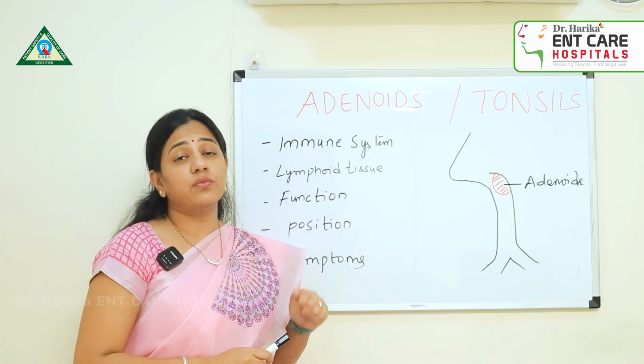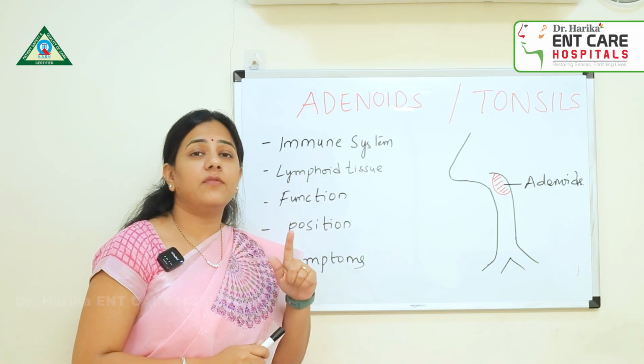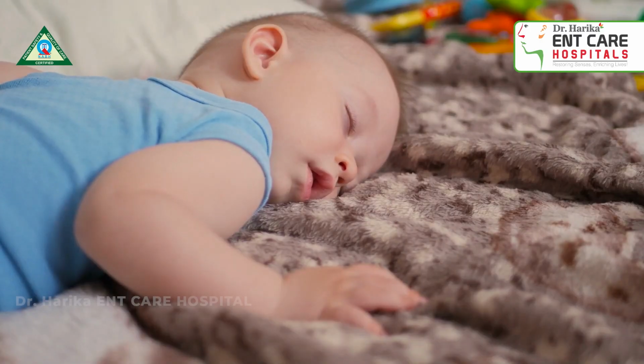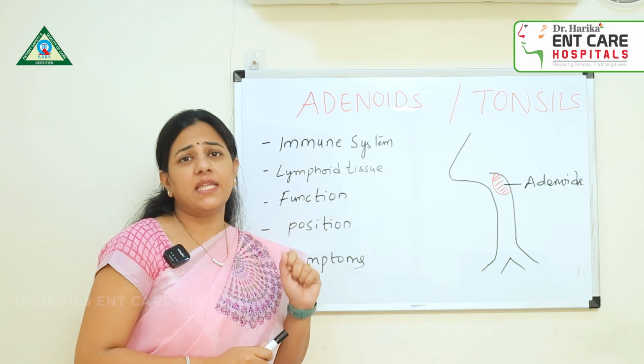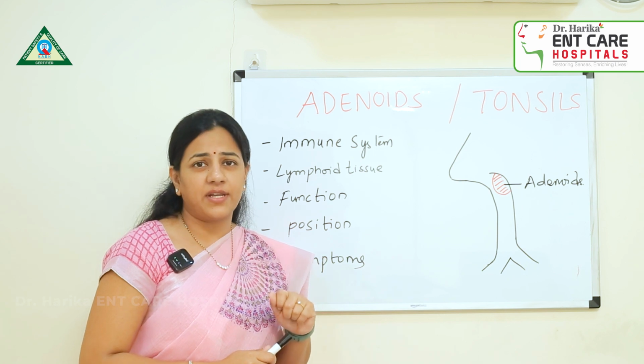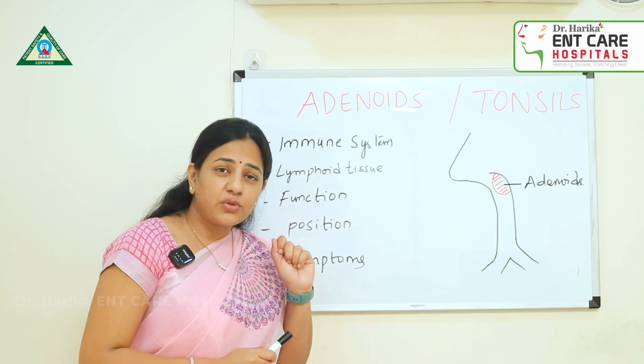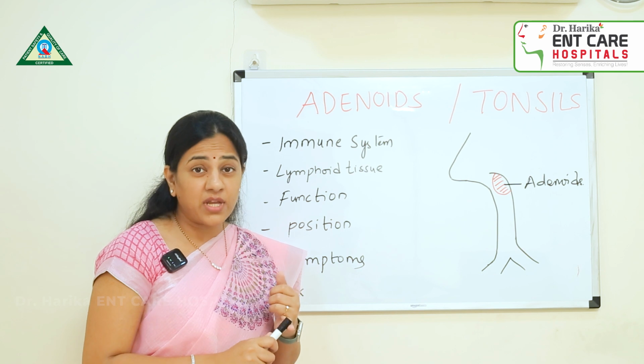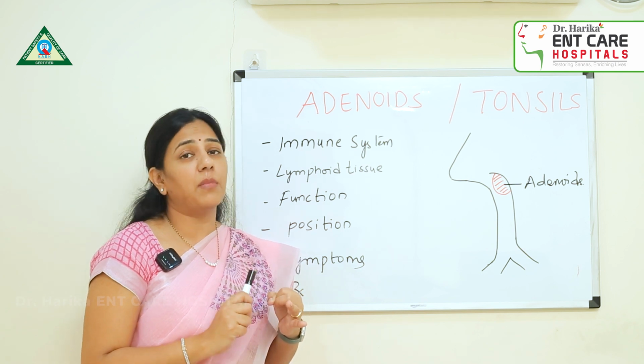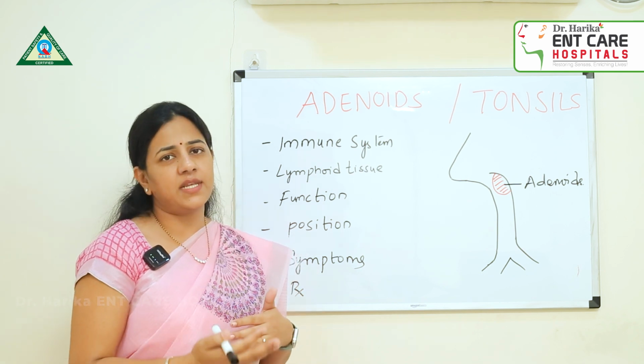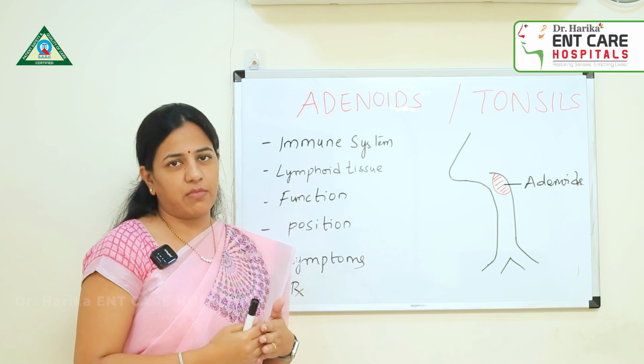They won't be able to breathe from the nose and will be forced to open their mouth and breathe from their mouth. Especially this condition is seen in children, and these children will be snoring a lot and mouth breathing, during the day or in the night.